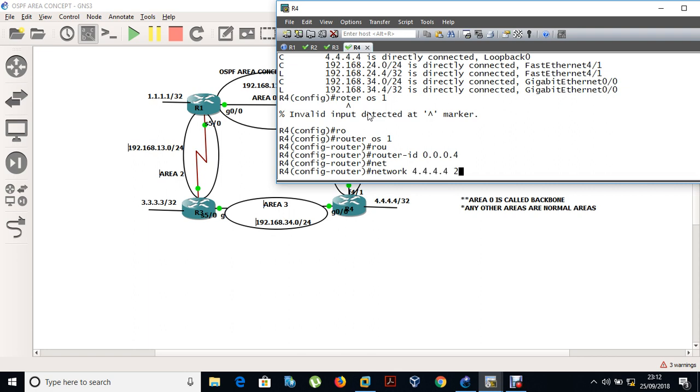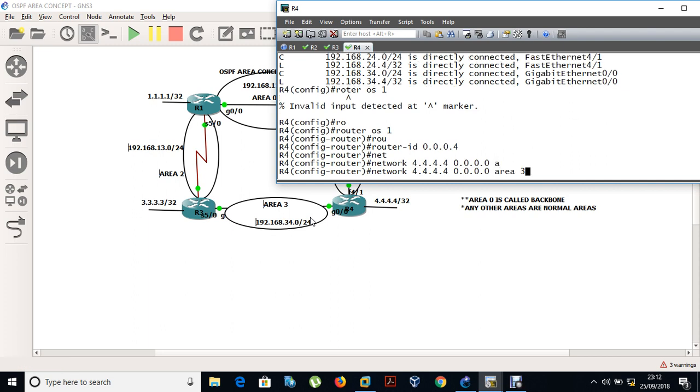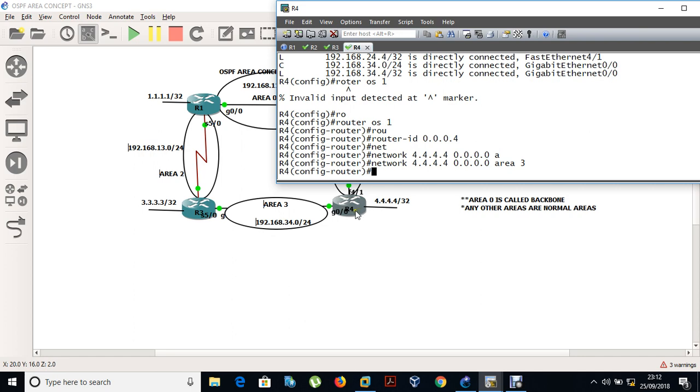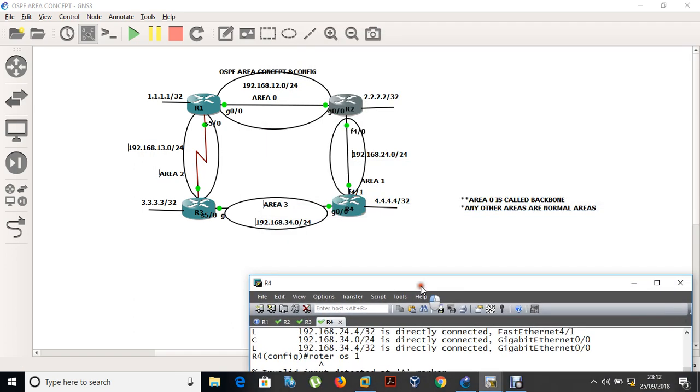That's a loopback, so I'm just gonna advertise it in, I can advertise in area 3 or area 2, whichever I want. I will advertise in area 3 because I'm on R4, so I am connected to 2 interfaces.